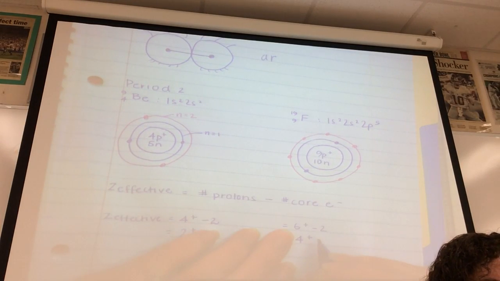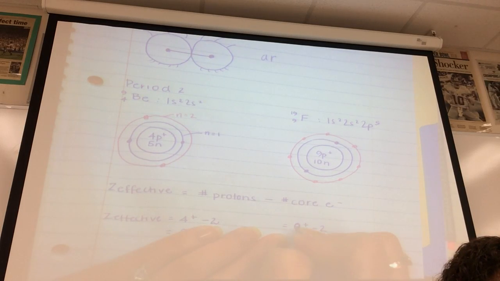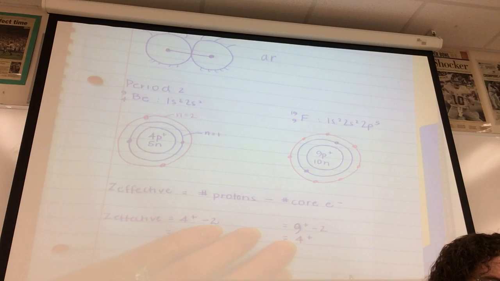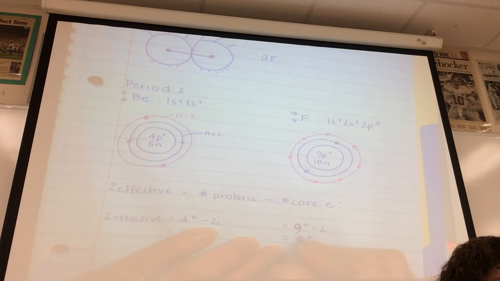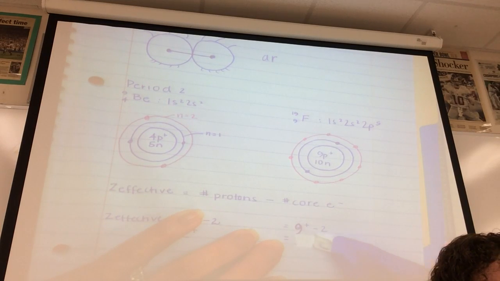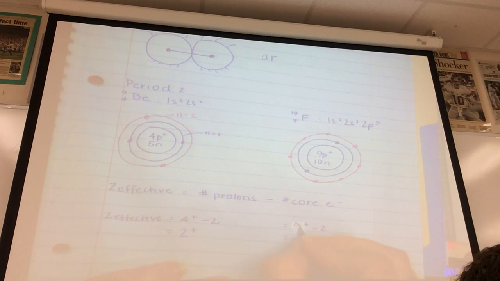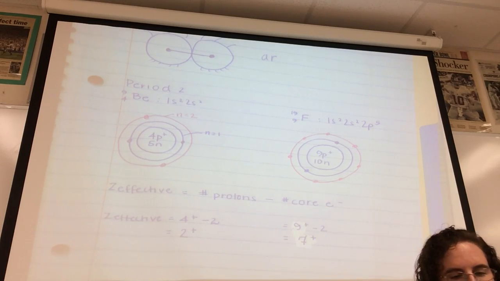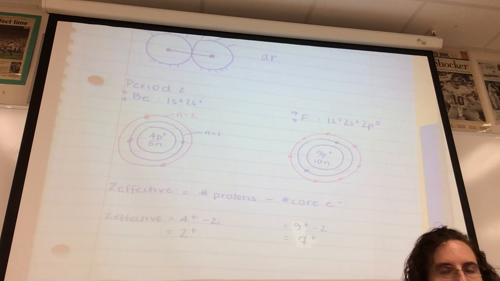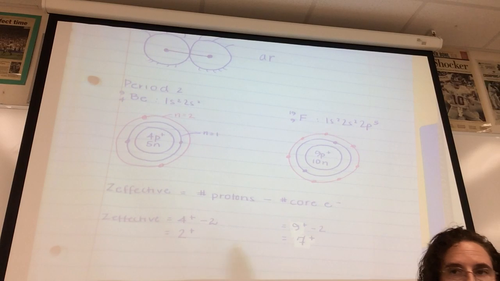So it shouldn't have been 6 positive. It should have been what? Ding dong. 9, right? And 9 minus 2 is 7. I don't know where I got it from. There's no 6 on the page. That's all right. We've all demonstrated we're human. Are you clear there?